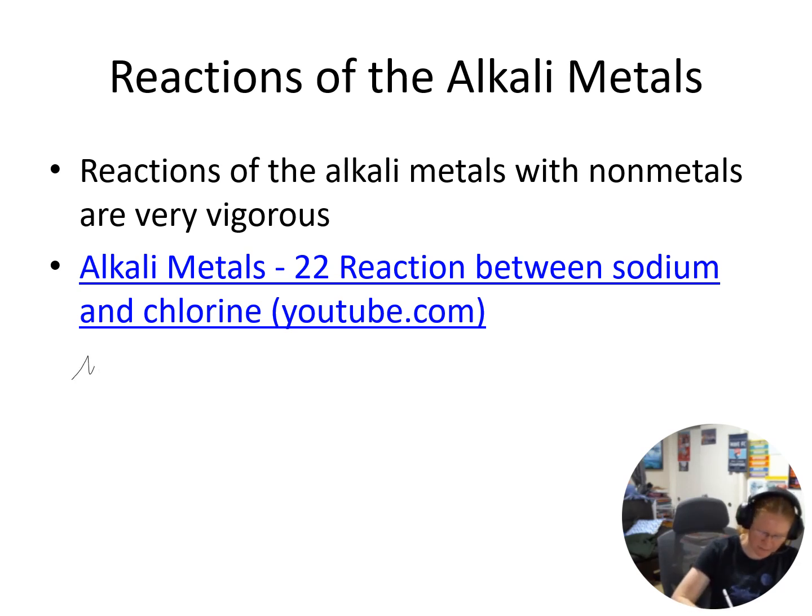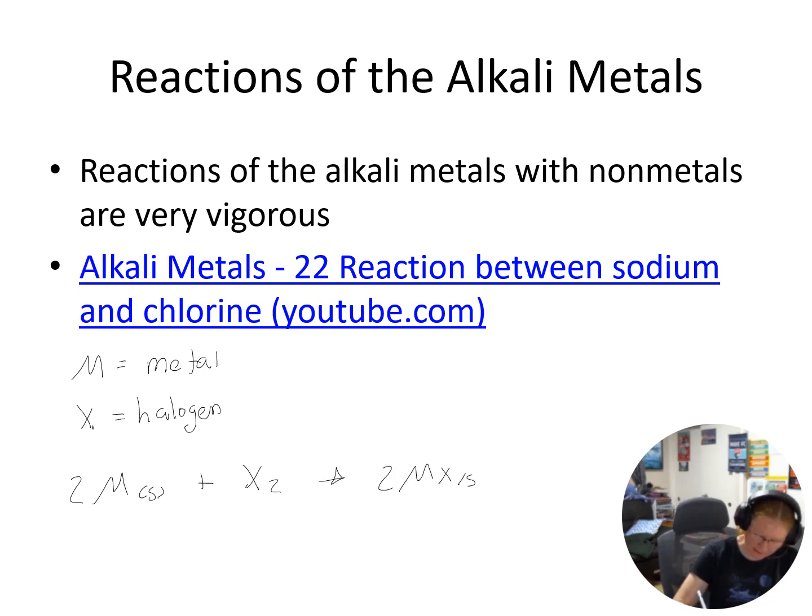I'm going to do M to stand for metal, and X is going to be my halogen. So this is our generic form, because all of our halogens exist as diatomics.